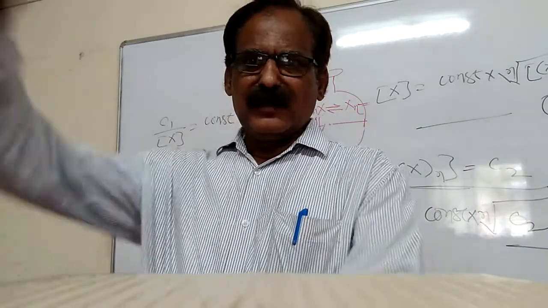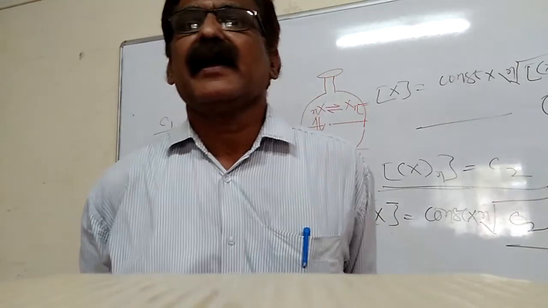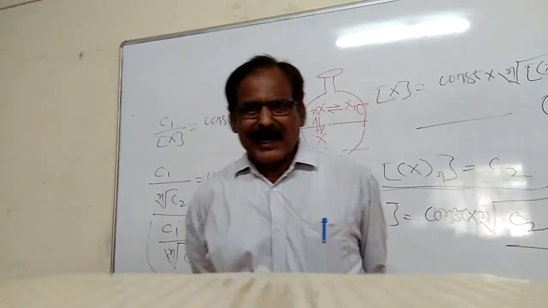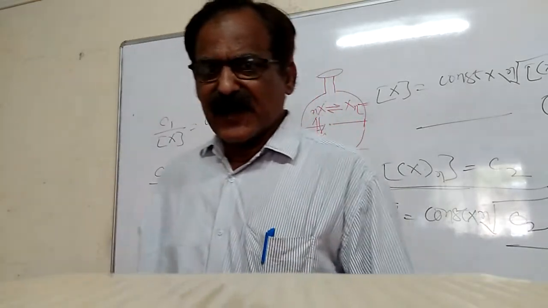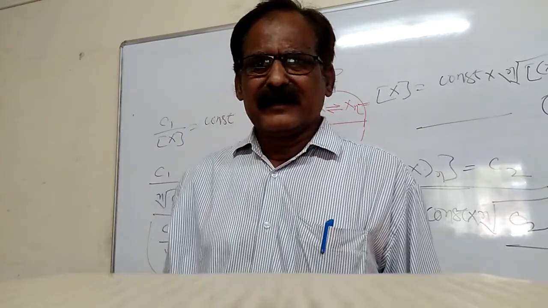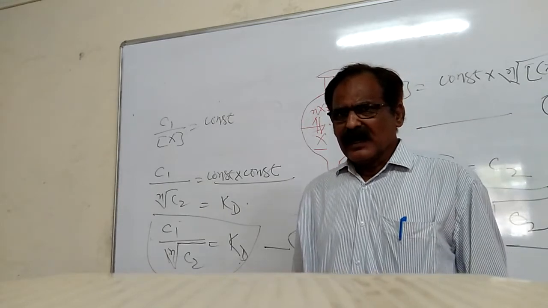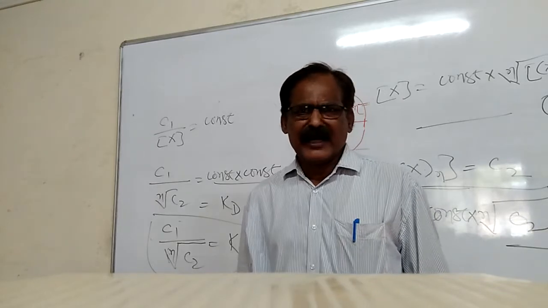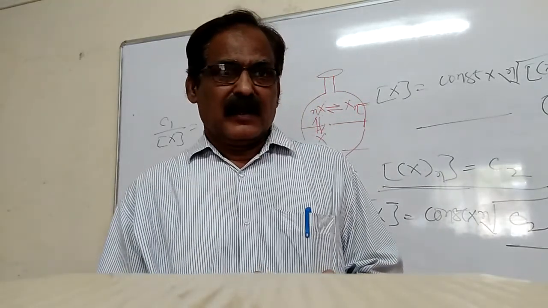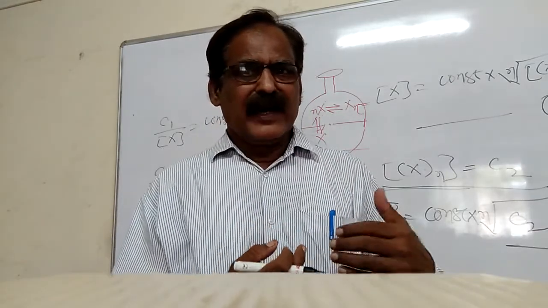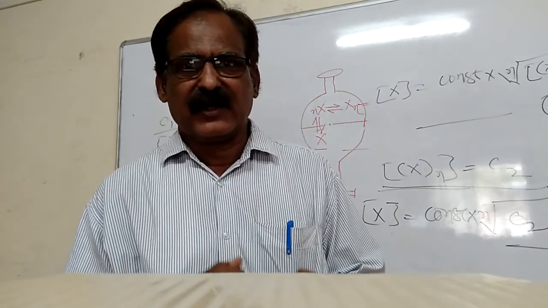In this way, we have seen how the normal Nernst distribution law, C1 upon C2 is equal to Kd, modifies when solute undergoes association in one of the solvents. This last expression, the modified distribution law, is very important for determining the molecular state of the solute in either of the solvents when the solute distributes between a pair of immiscible solvents in contact with each other.